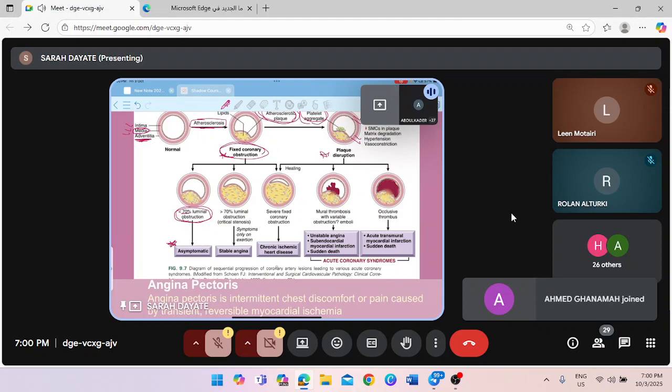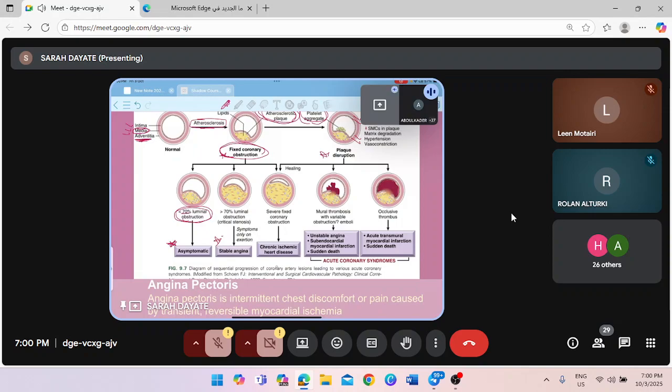When it exceeds 70% but it's still closed, we get symptoms only on exertion. So it's more than 70% but less than 90%. When the patient, for example, walks or does any activity, he will start to have some symptoms, such as angina pectoris, a pain. He says that he has chest pain.